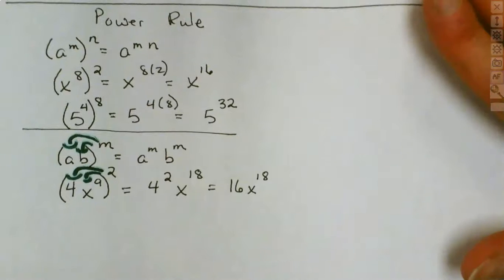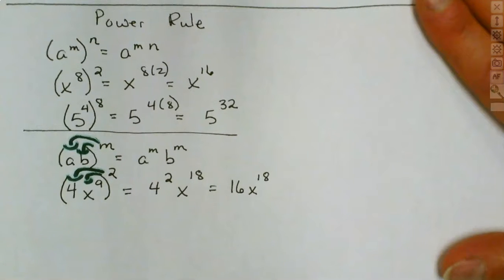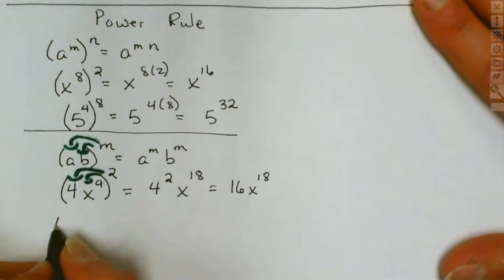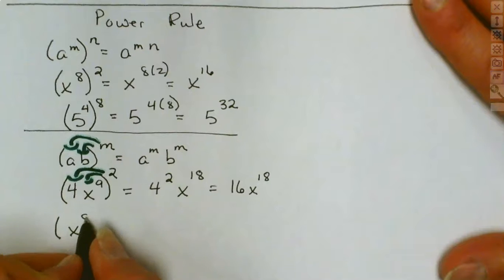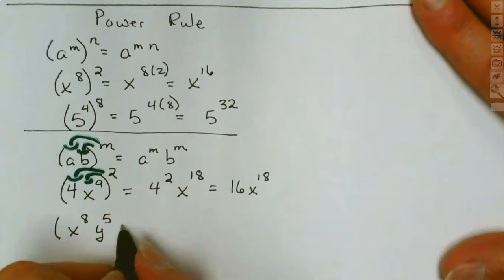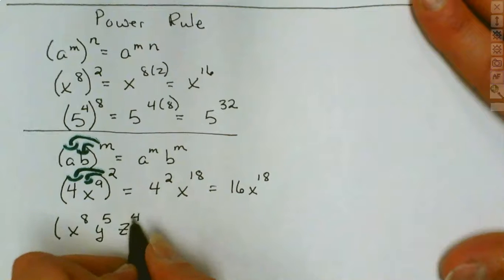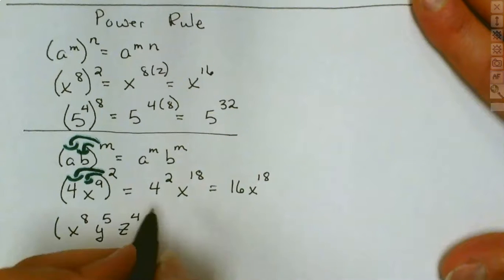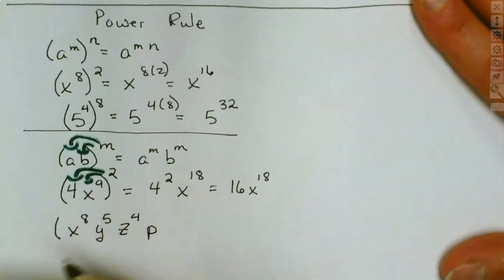Let's try another one of these. This one's going to have multiple variables using the same process though. How about we look at x to the 8th, y to the 5th, z to the 4th, and we'll do a negative exponent as well.